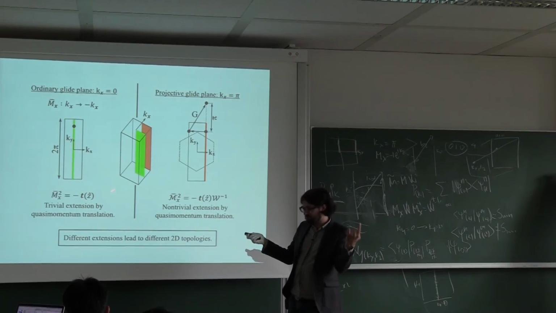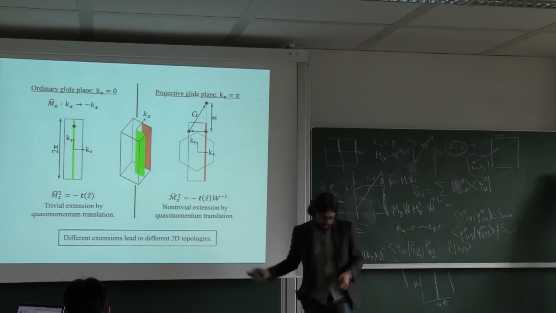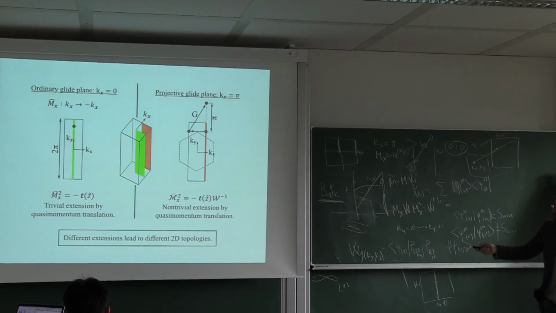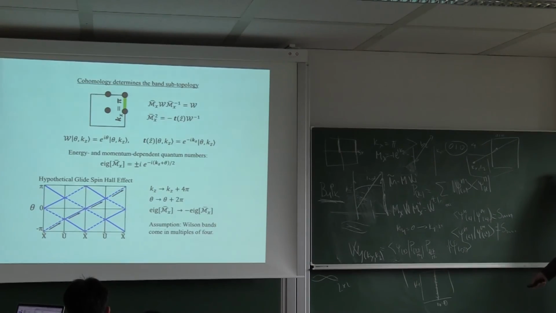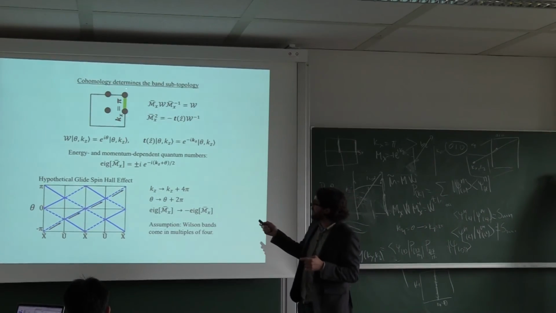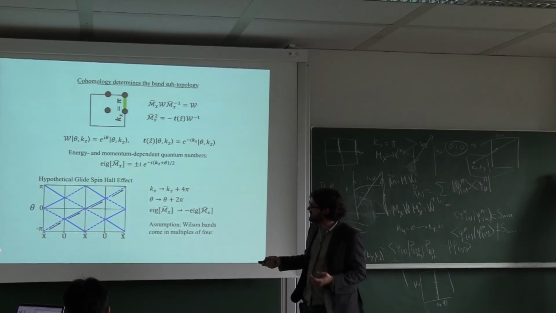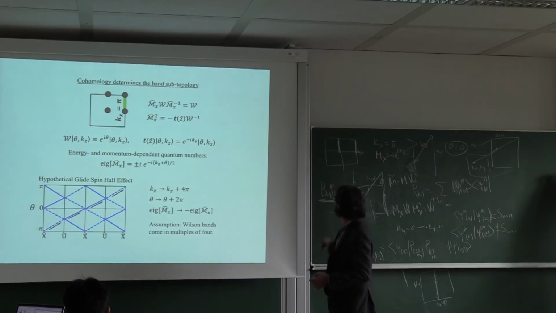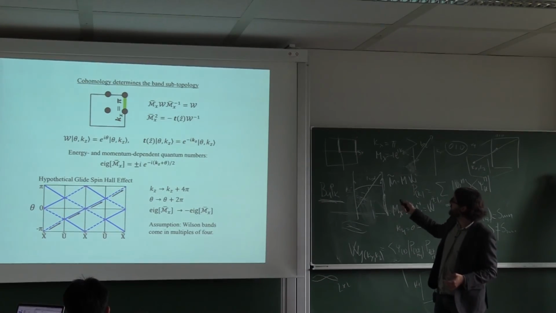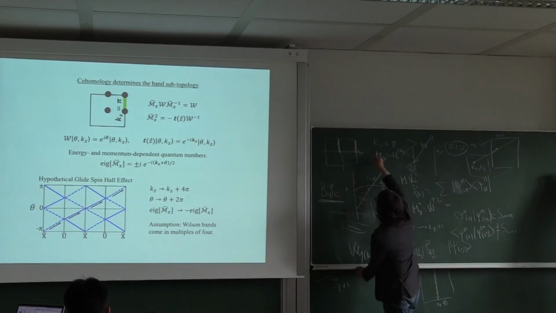This is just the nonsymmorphic normal thing. But at kx equals pi, mirror squares to translation by a unit cell times a Wilson loop. And you can clearly see that this is just an extension of this group. Now, I could go through this, but the point is that this type of group structure, which is different at kx equals pi and kx equals 0, actually forbids such a glide spin Hall effect on this line. So this line in this material can only have an hourglass. So only hourglass in this.